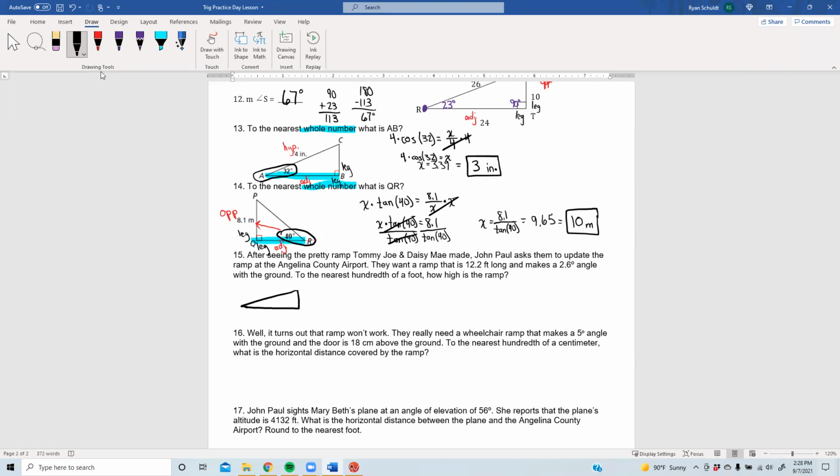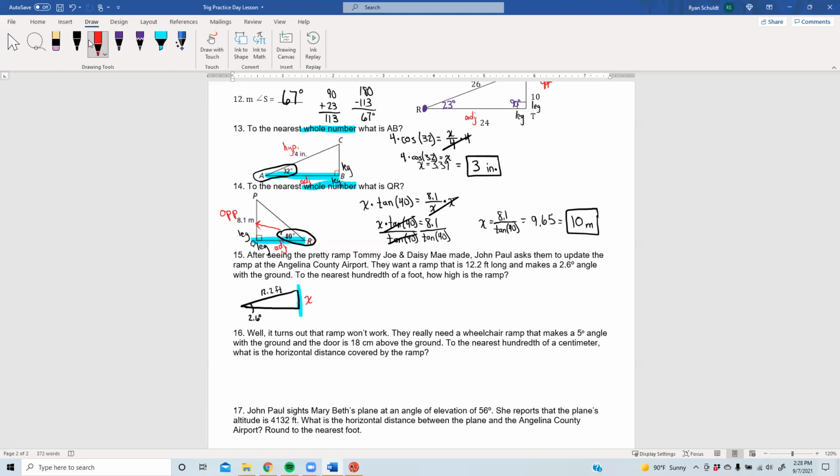So the ramp itself is 12.2 feet long. And then this angle right here is 2.6 degrees. To the nearest hundredth of a foot, how high is the ramp? So how tall is it right here? That's what we want to find. That's our X.